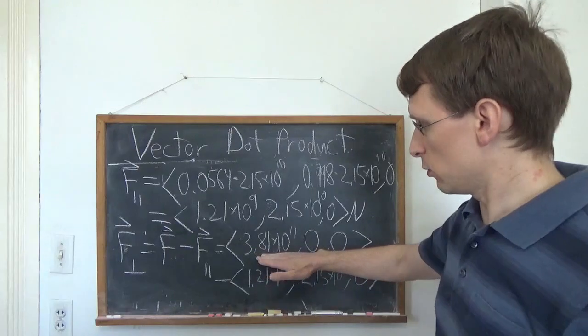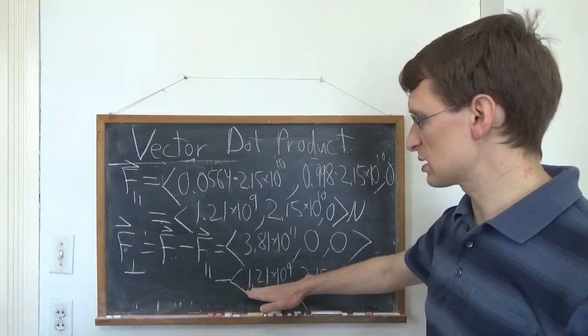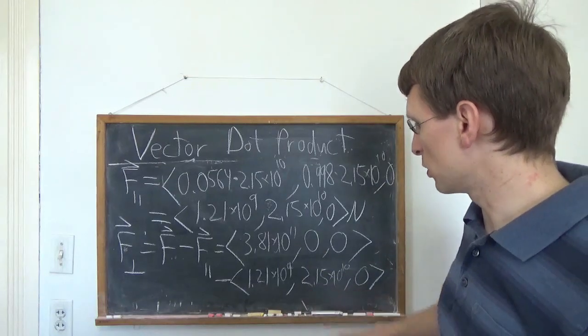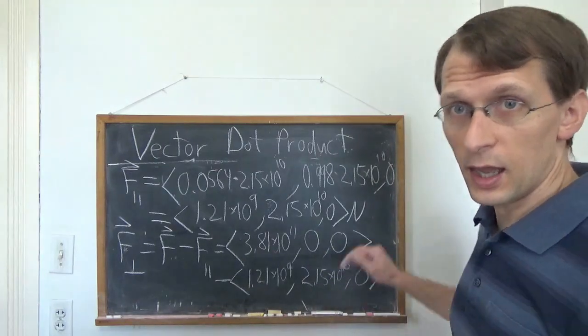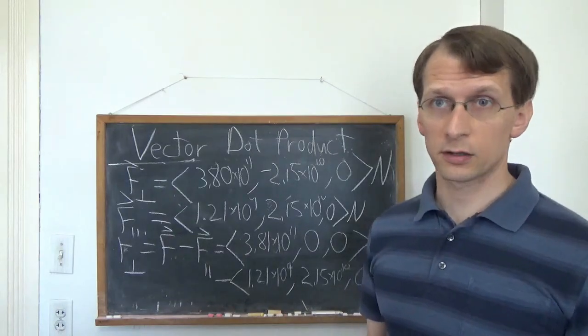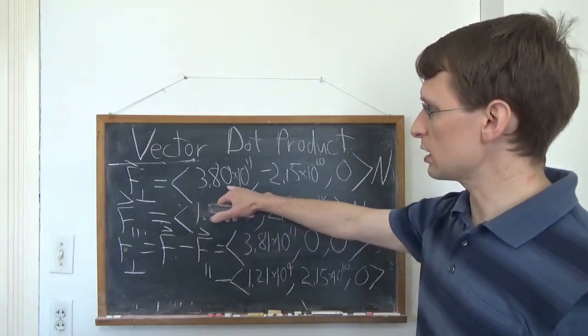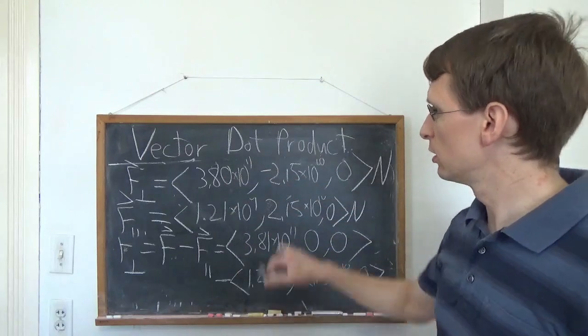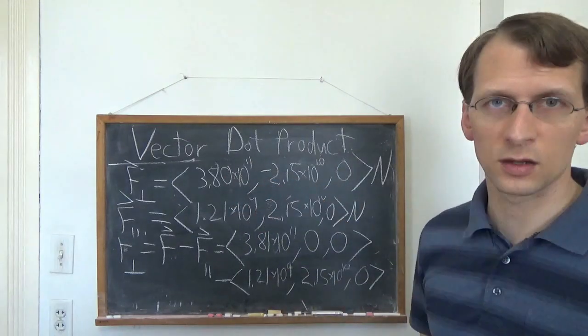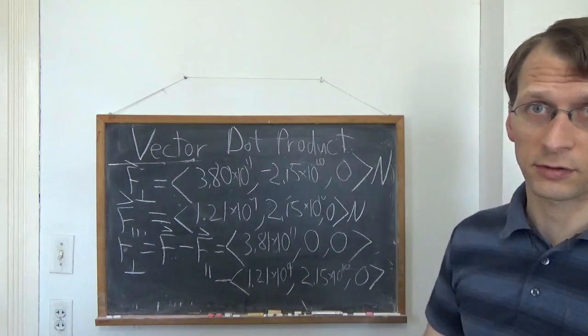So 3.81 times 10 to the 11th minus the 1.21 times 10 to the 9th, 0 minus the 2.15 times 10 to the 10th, and 0 minus 0, which is just going to be 0. So our perpendicular force then is just 3.80 times 10 to the 11th in the x direction, negative 2.15 times 10 to the 10th in the y direction, and 0 in the z direction.